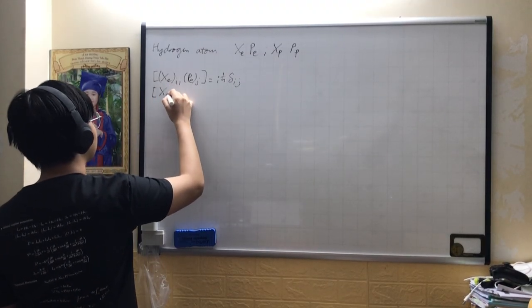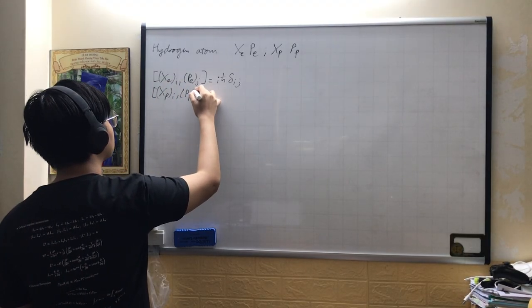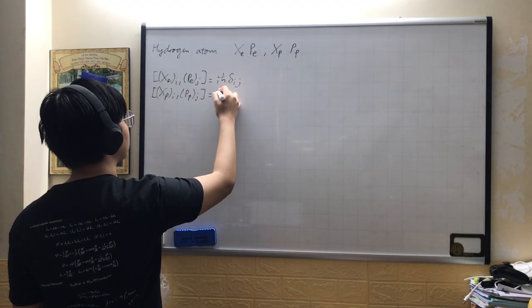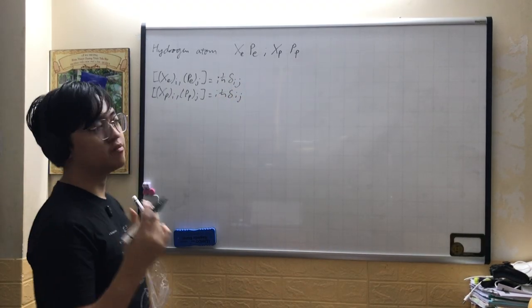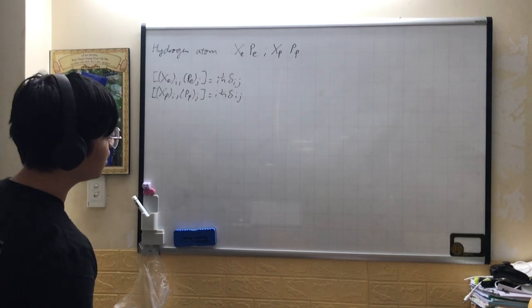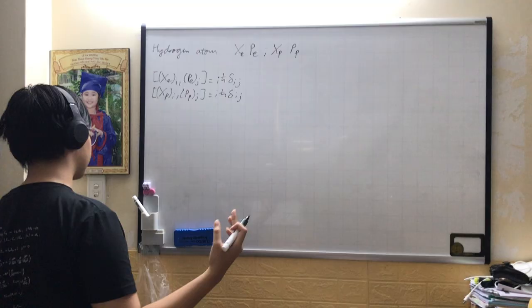Next is the same for p_p,j equal to i h-bar delta_ij. Right, so these are the properties of the x and p of the electron and proton.